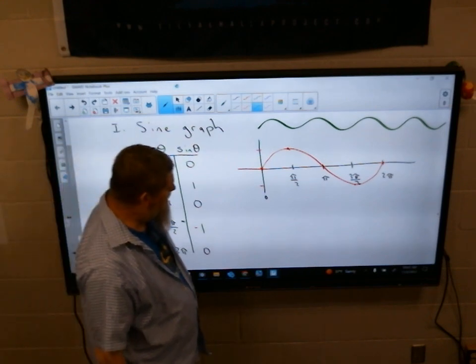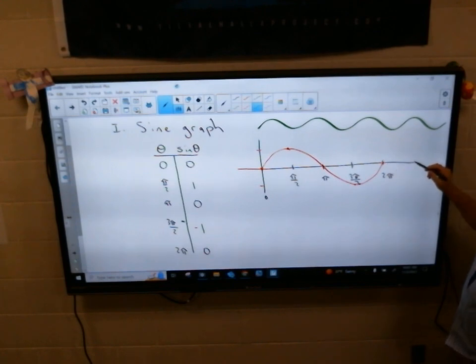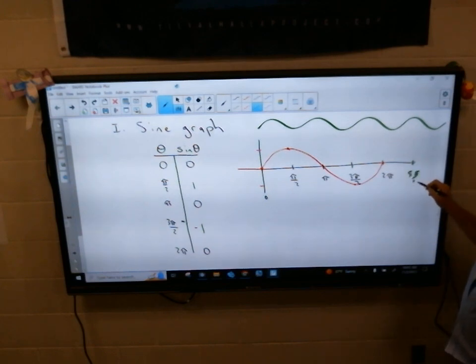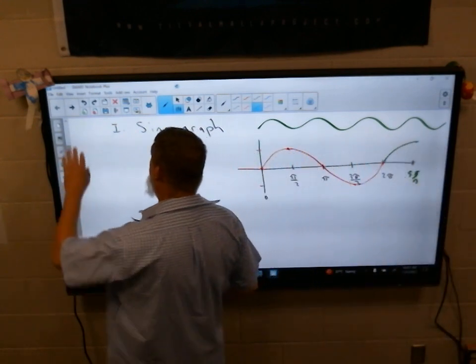Yes. And then 0 again and negative 1. So if I went one more spot, that'd be 2 pi plus pi over 2, which is 5 pi over 2. It would be back up to 1, and then back down to 0. And we just keep going in that pattern. So 0, 1, 0, negative 1.